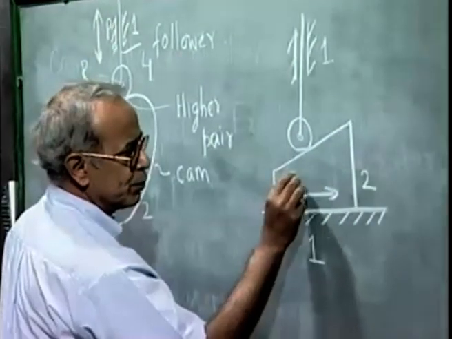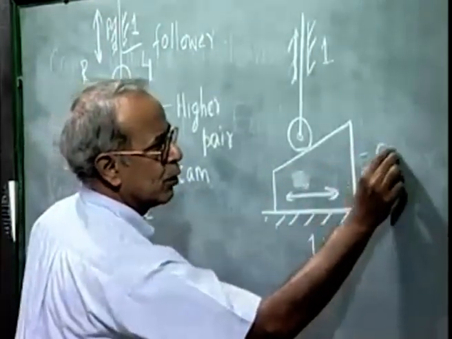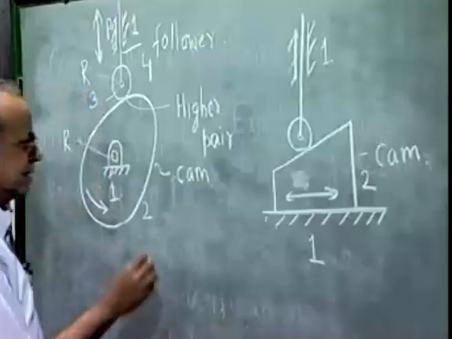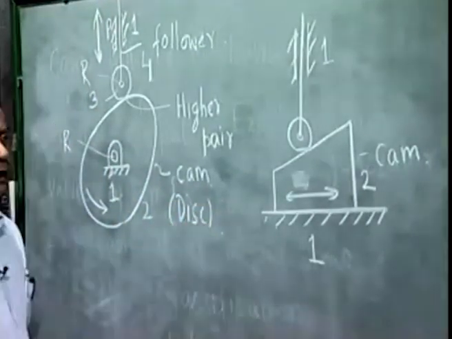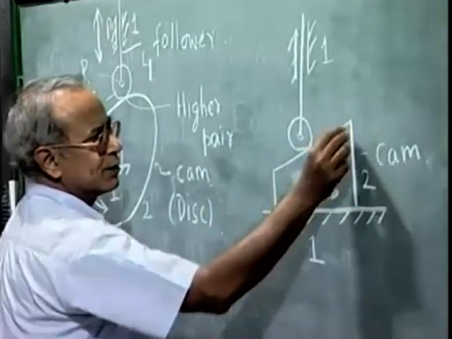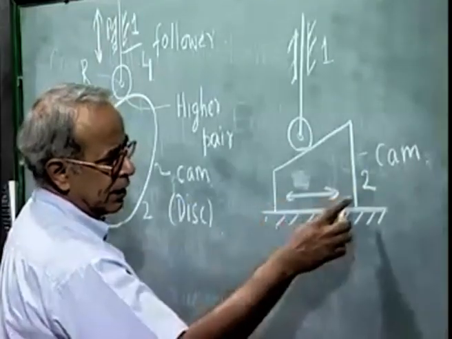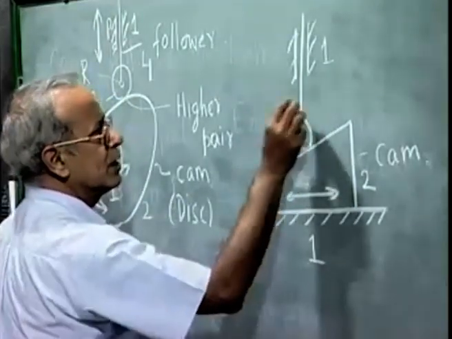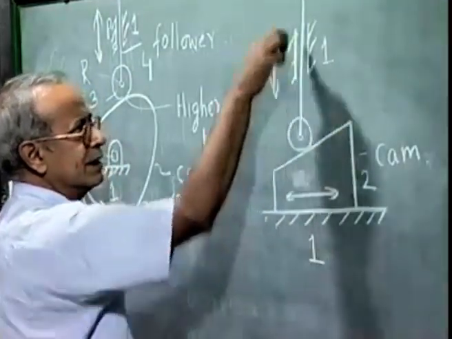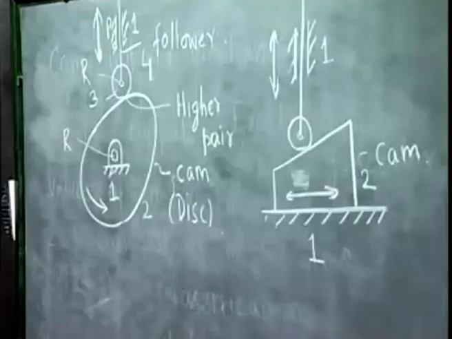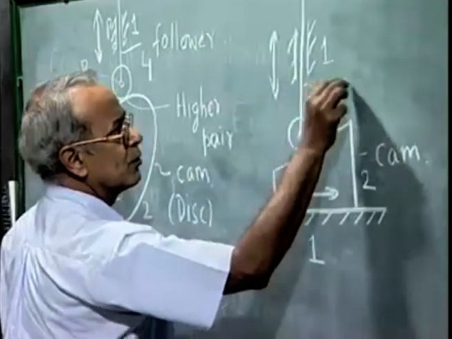This is the cam, which looks like a wedge, which I have given number 2. This is the wedge cam, and the earlier one is what we call the disc cam. Depending on the profile of this wedge, as this cam oscillates in the horizontal direction, the follower will oscillate along the vertical direction along this prismatic pair or guide. So here again the roller is 3 and the follower is 4.